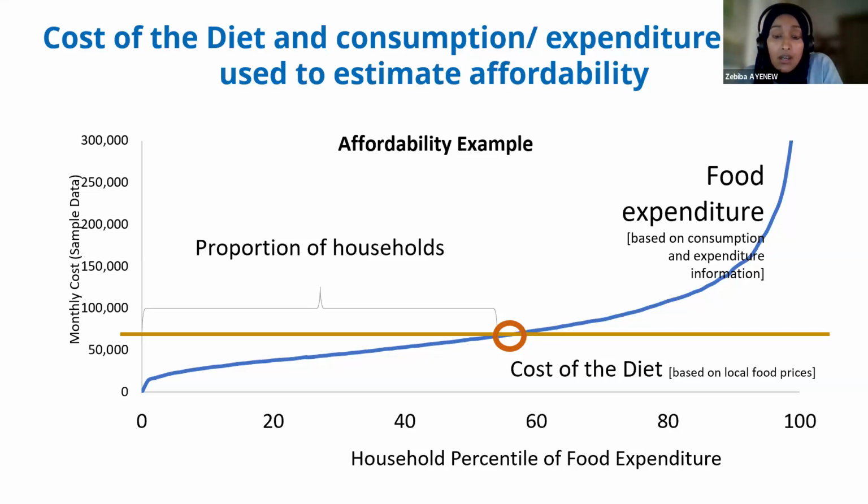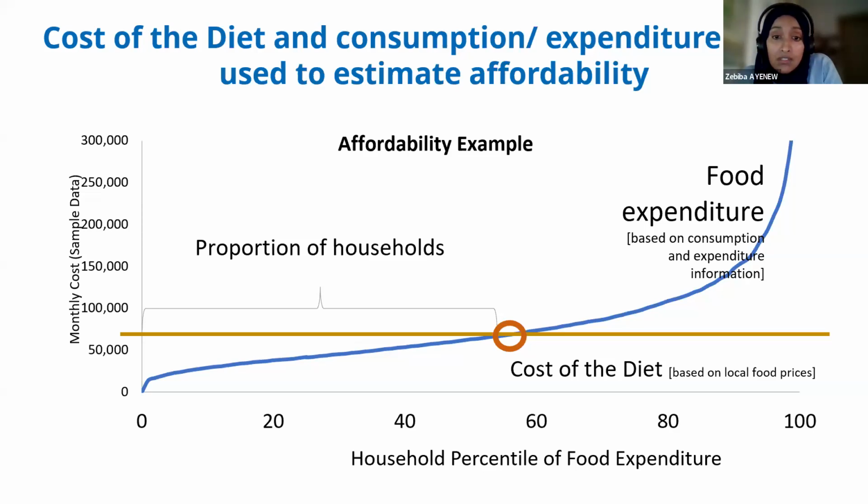However, the households with food expenditure that falls below the cost of a nutritious diet are our population group of interest, because now we are able to see that they cannot afford the cost of a nutritious diet.